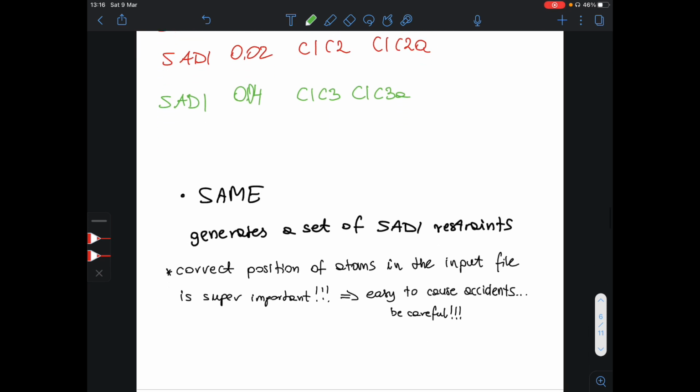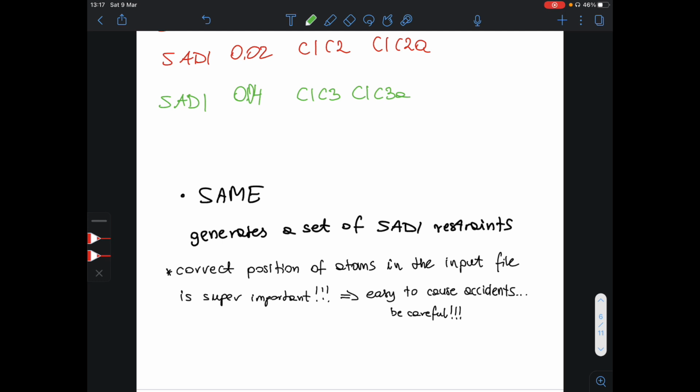A very similar restraint for distances is called SAME. And SAME restraints basically generate a set of SADI restraints. The program just interprets SAME restraints as a set of a lot of SADI restraints. It's very important to have correct positions of the atoms in the input file for SHELX, because otherwise it will mess up everything.